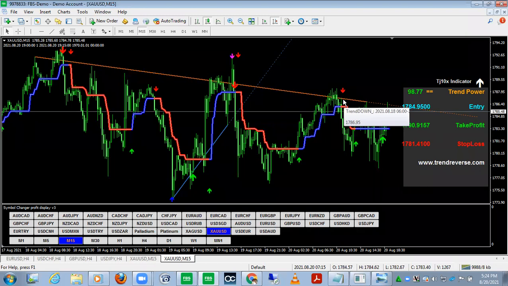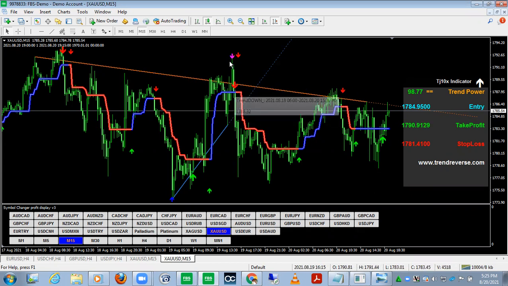Now, for every trend, there will always be a price action. There will always be patterns, either continuation patterns or reversal patterns. So right now, for 15 minutes, if you remove everything, if you are just drawing a naked chart, this one is what we call bullish engulfing.